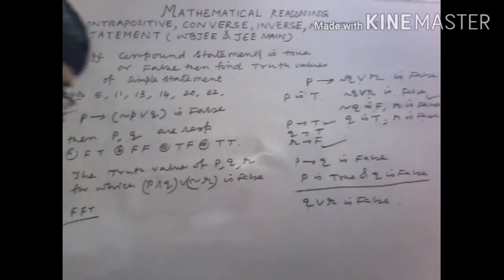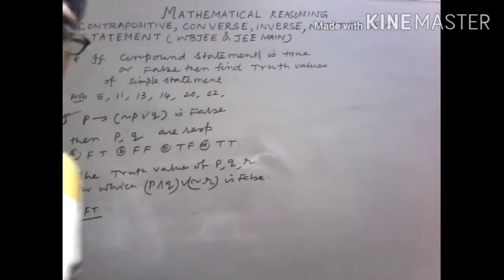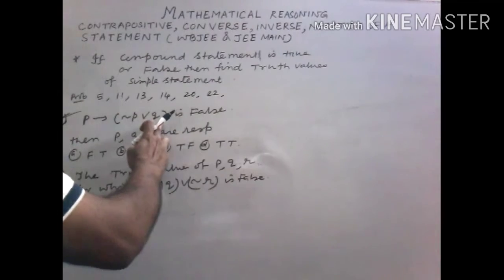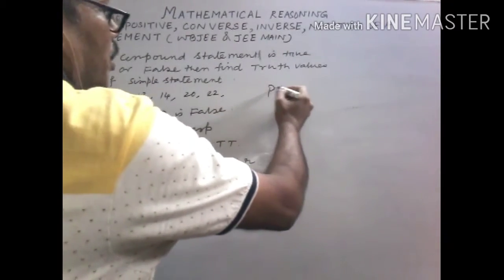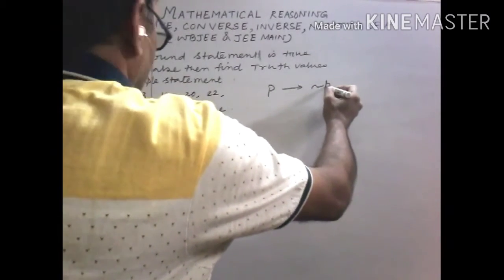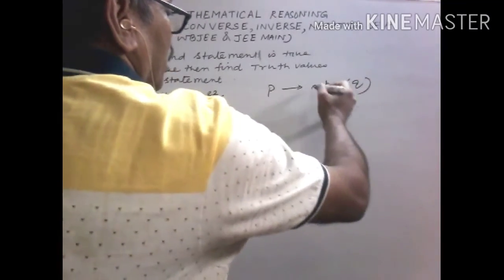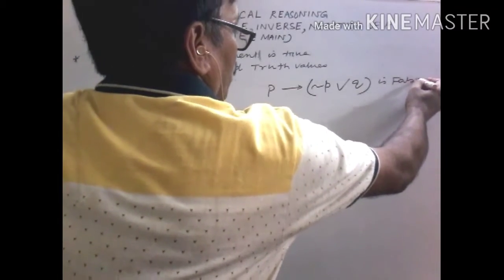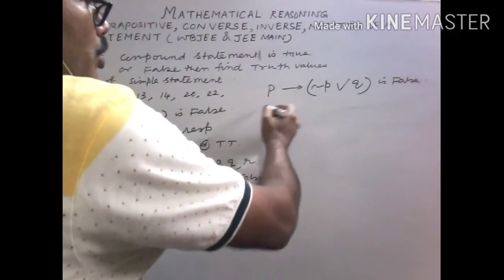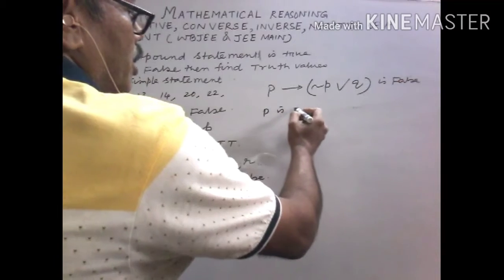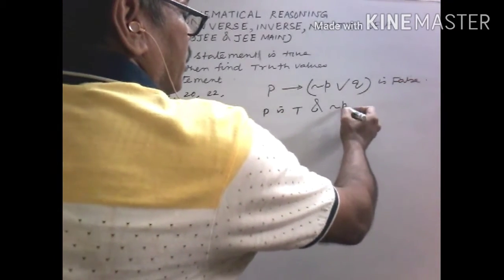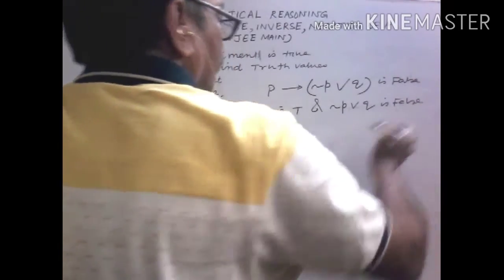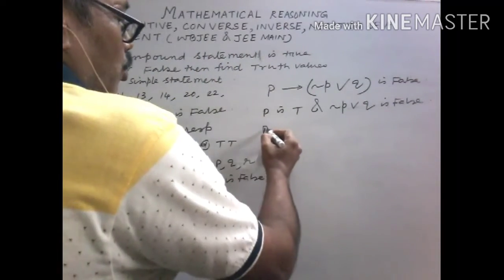Now we consider two more problems. Problem number 11. Look, P arrow (negation P intersection Q) is false. Exactly the same problem. It is false when P is true and (negation P union Q) is false. So P is true.